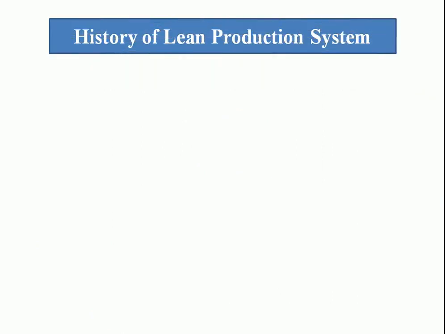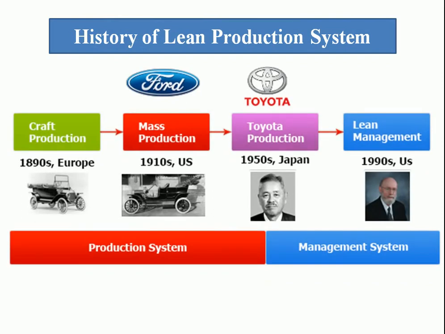Before getting into it, I want to give a glimpse of the history of the Lean production system. Here we can see there are four phases in which the manufacturing industry has been revolutionized over time. In the late 18th century, in European industry, the craft production system was introduced.